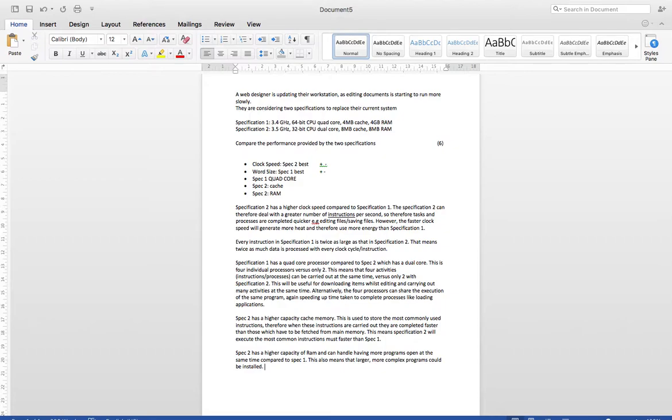Another good one to really show that you understand what else happens with the processor when it runs out of memory: having a larger memory will reduce the chances or the need for swapping.